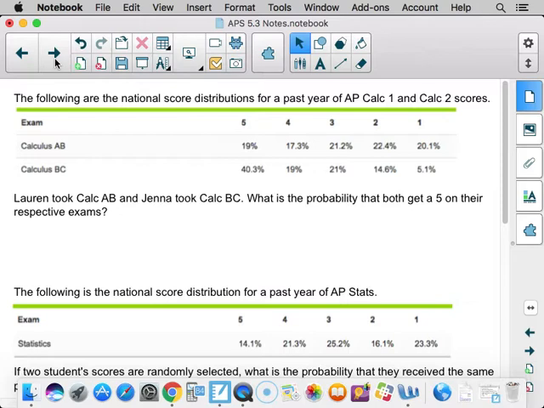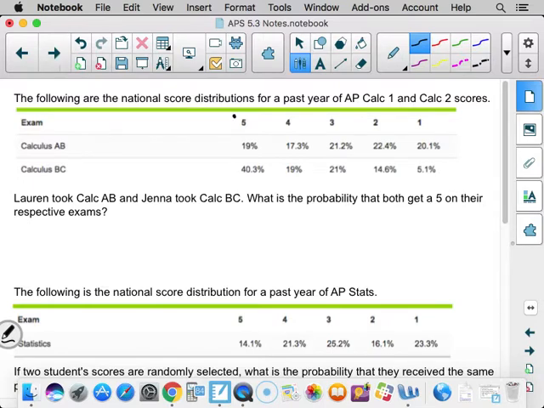All right, so we need Lauren to get a 5 and Jenna to get a 5. How do you find something and something else happening? Multiply. So to find the probability both of them get a 5, wouldn't that just be multiplying these two values together? 0.19 times 0.403.